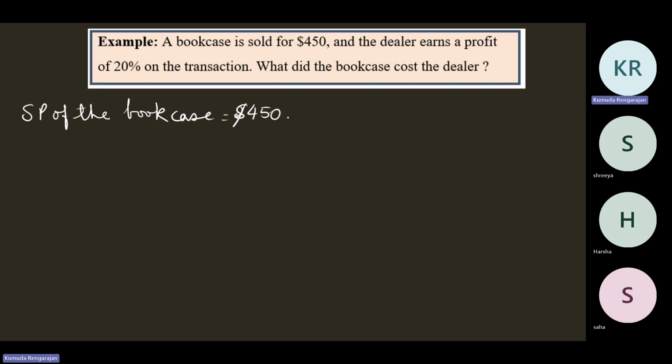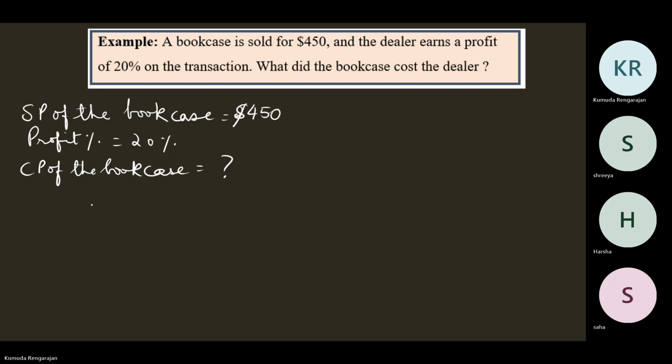And the dealer earns a profit of 20% on the transaction. So profit percent is equal to 20%. What did the bookcase cost the dealer? So we'll have to find the cost price of the bookcase. CP of the bookcase is what we have to find.